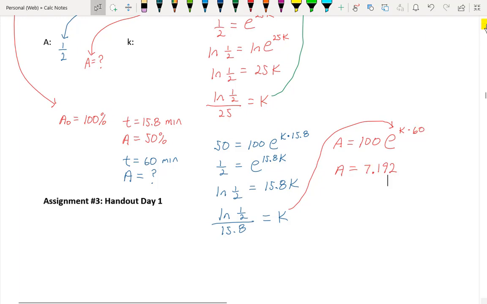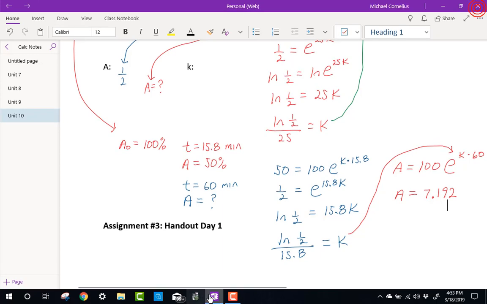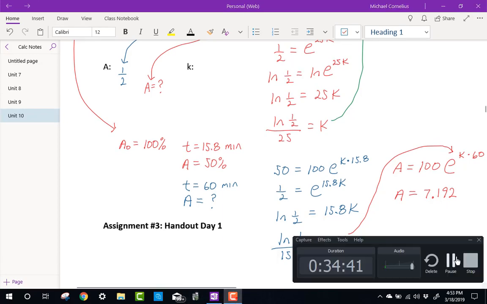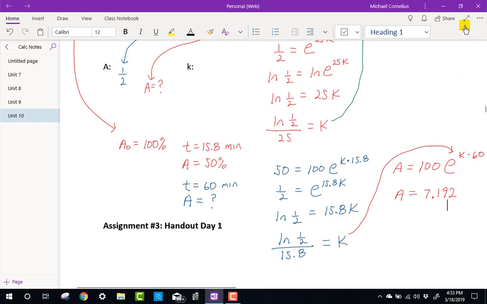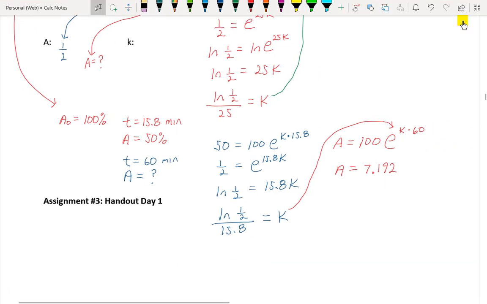You know what? Let me check my answer here. I'm doing this kind of fast. I don't want to screw this up. No, I think my answer is good here. So it's 7.192%. At first I thought that number was a little bit low, but then I realized, if you have 100% initially, then after one half-life, which is 15.8 minutes, okay, so 100% at time equals 0, after 15.8 minutes, you'd have 50% left over.